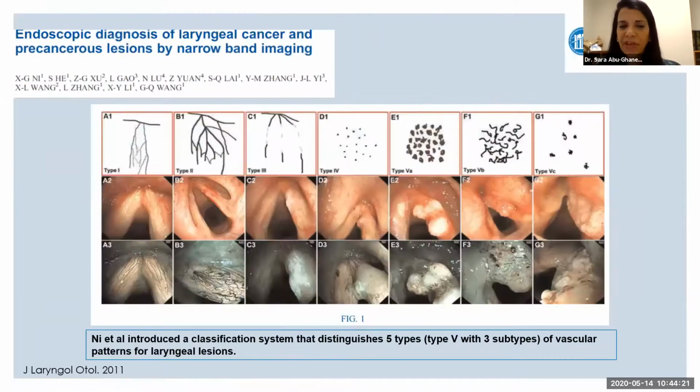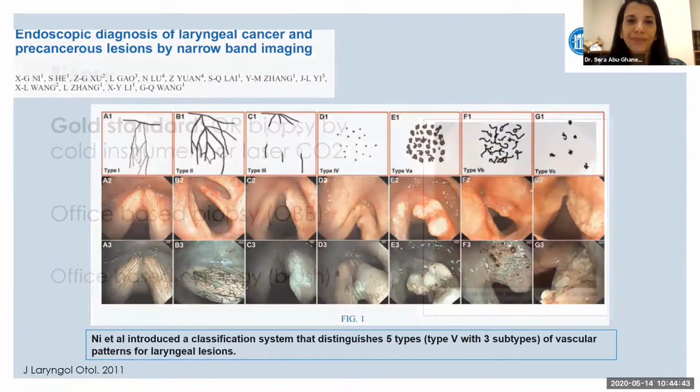There are different classifications for that, and I think it's really up to the clinician and his experience to recognize this. If you don't have a lot of experience with that, when you start doing narrowband imaging, a lot of them look pretty much the same unless it's really normal. So it's really up to a lot of experience.